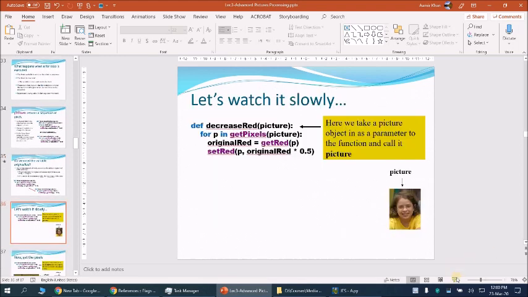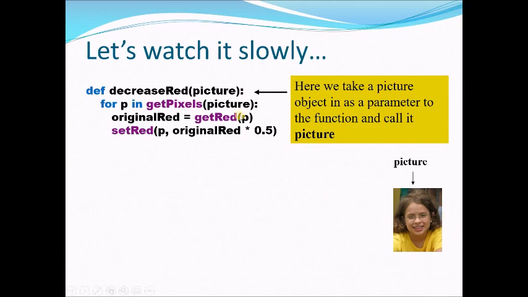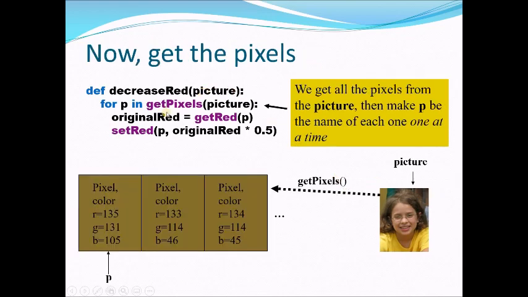Next thing is how the for loop works. Here we take this picture object as an input parameter. So this is the picture. Let's see how we do the changes. We call this picture, and inside this for loop, see how it is modified.